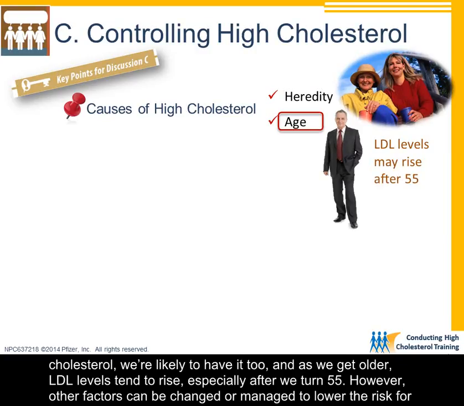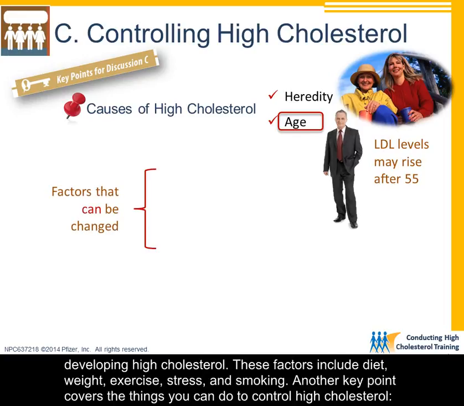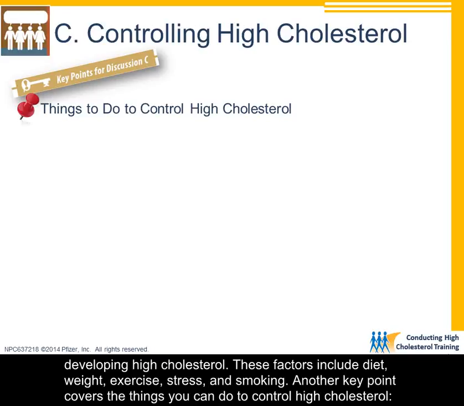However, other factors can be changed or managed to lower the risk for developing high cholesterol. These factors include diet, weight, exercise, stress, and smoking. Another key point covers the things you can do to control high cholesterol.